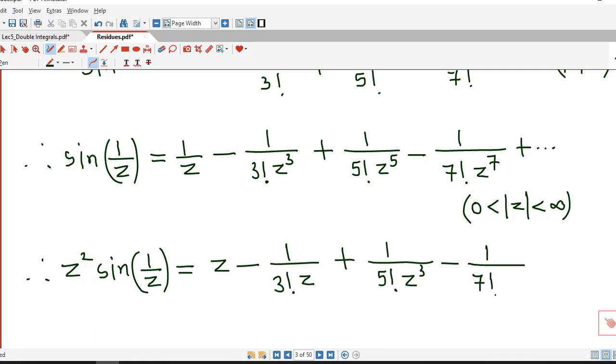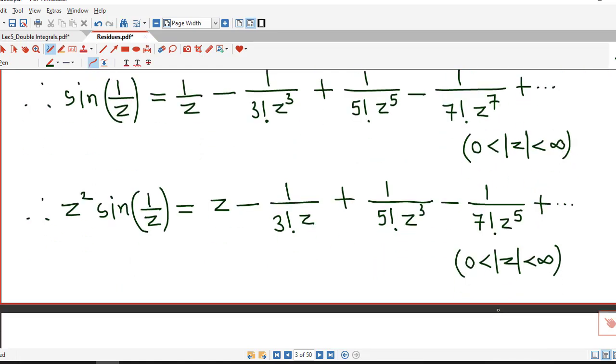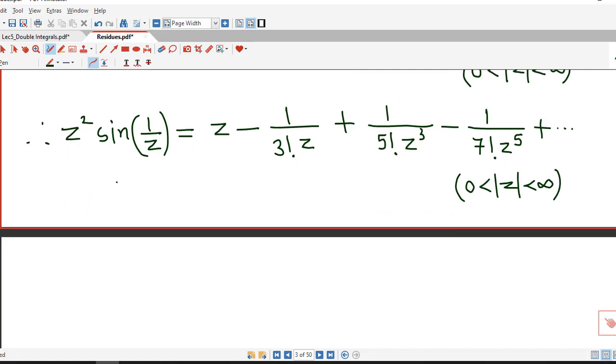And similarly here we will have z raised to minus 5 and so on. So this is also valid in the domain 0 less than absolute value of z less than infinity. So now this is the Laurent series expansion of the given function.